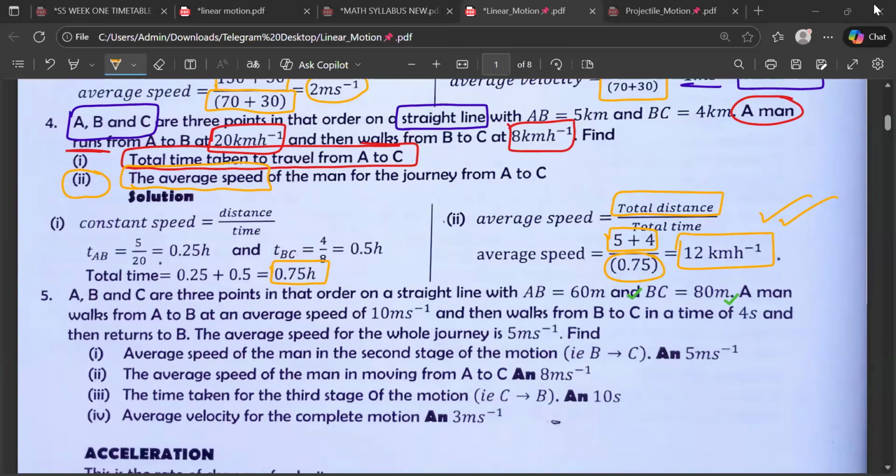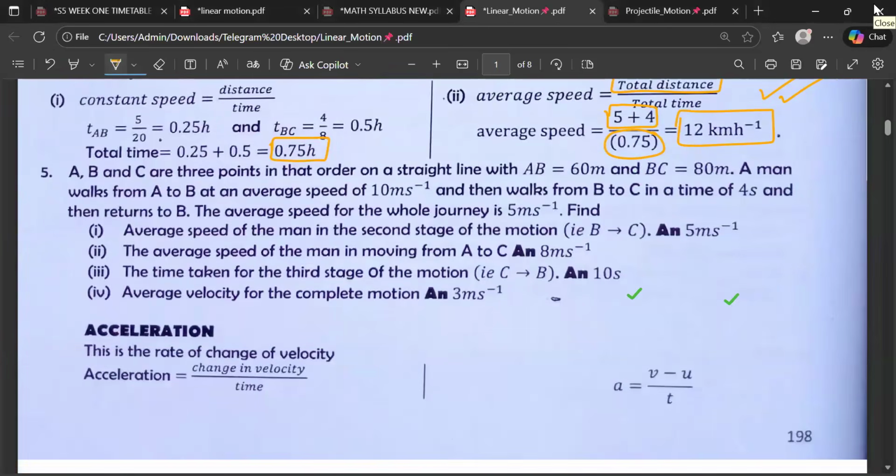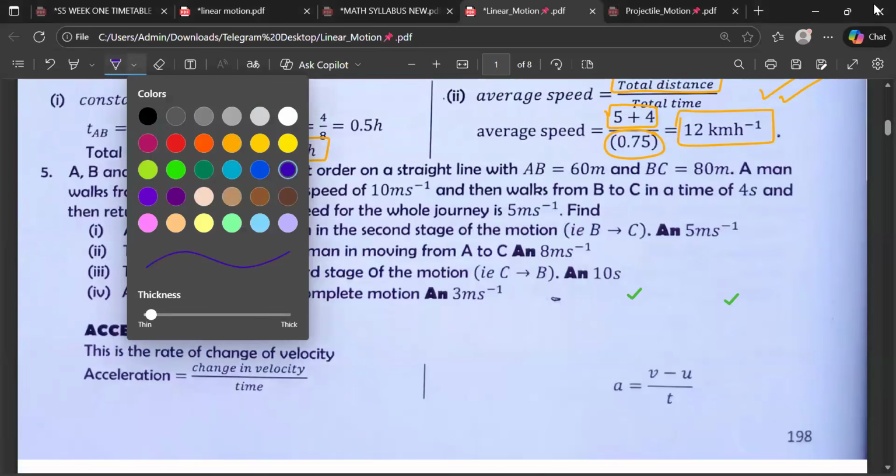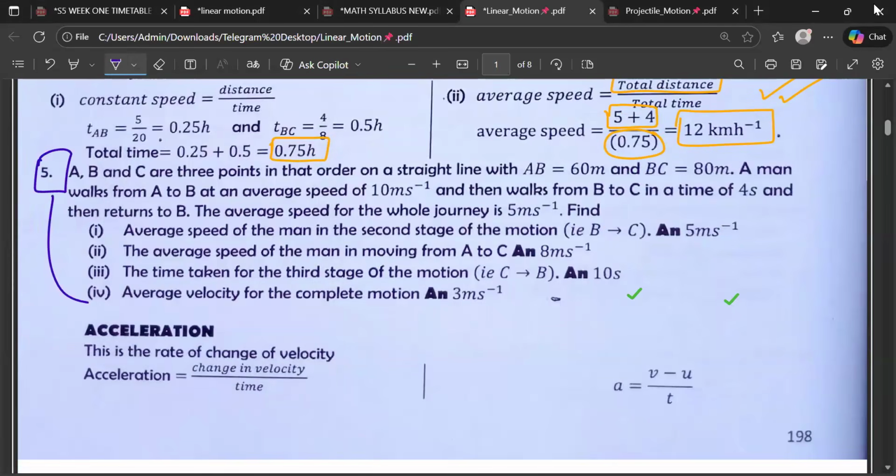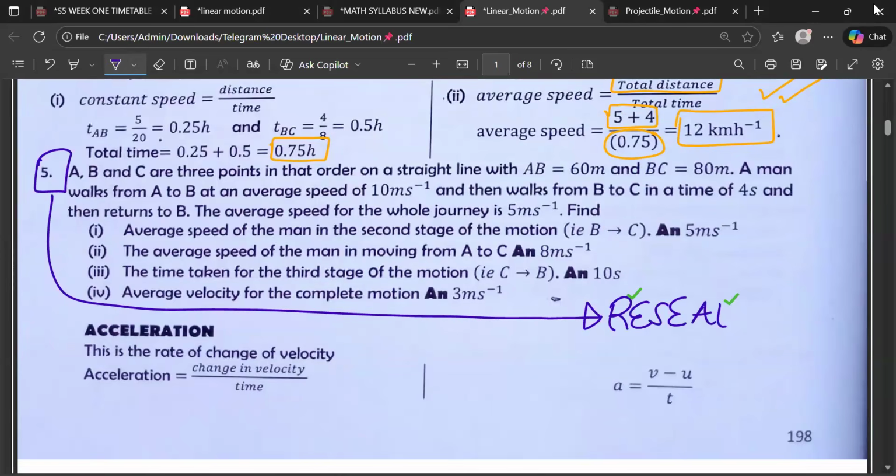So number 5 is yours. You can take a screenshot now and do research later. I'm not going to go through it because it's the same thing. I can see they're also talking of AB, they are talking of BC, and they are talking of the average speed for the whole journey.